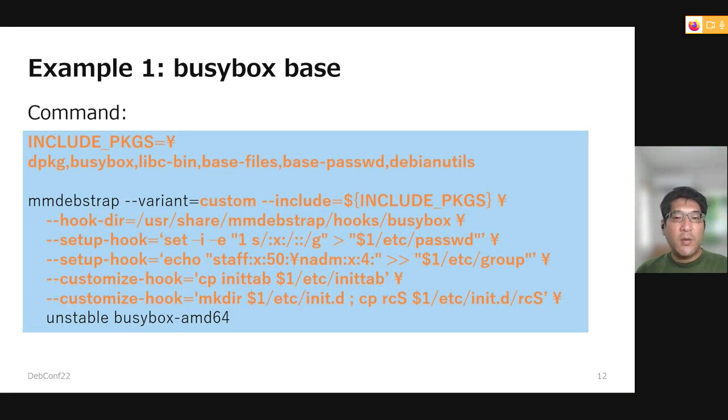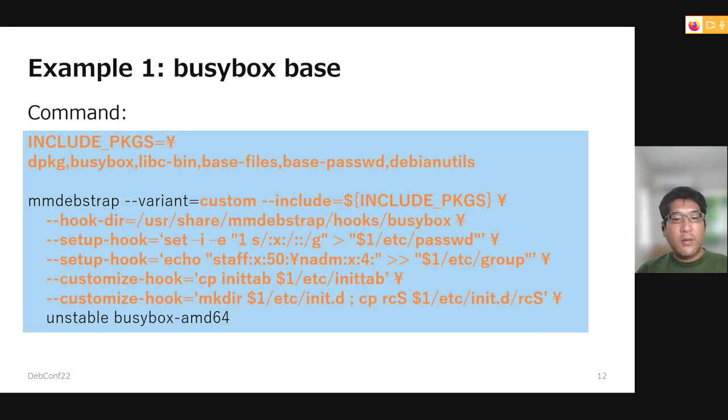Specify the directory where the busybox scripts provided by mmdebstrap are stored with the --hook-dir option. Two scripts are provided in this directory: a script to configure busybox, and one for creating the /etc/passwd and group files.